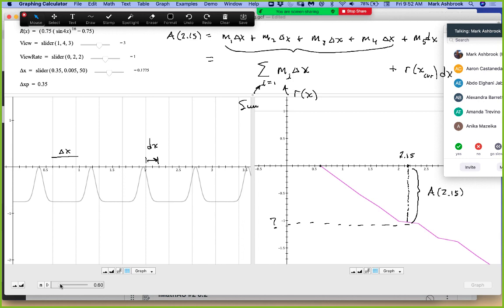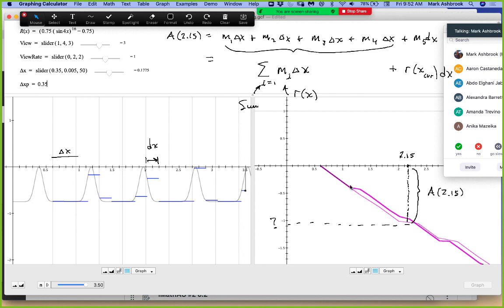Ready? Here we go. Here's time going by. And so now the interval width is smaller, and the pretend rate function is a little bit better. Do you see how the blue function with the smaller intervals is doing a better job of mimicking the real rate function?